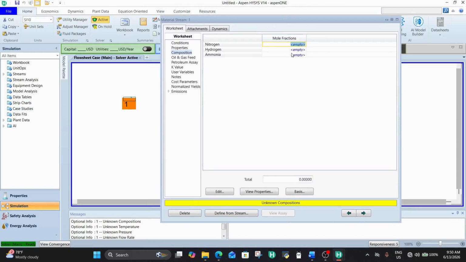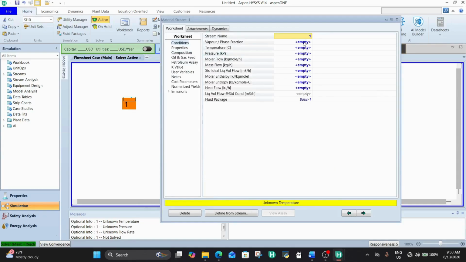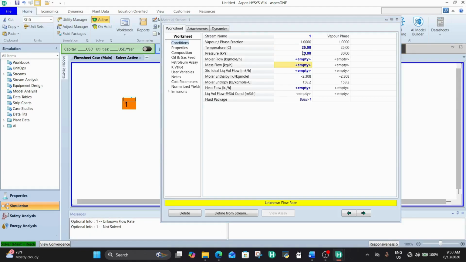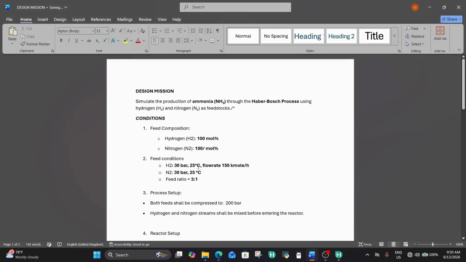So first stream, this would be our nitrogen stream, 100% nitrogen, with a temperature of 25 Celsius and 30 bar. Our flow rate for the nitrogen was not given, but what we were given was a feed ratio, hydrogen to nitrogen, 3 to 1.